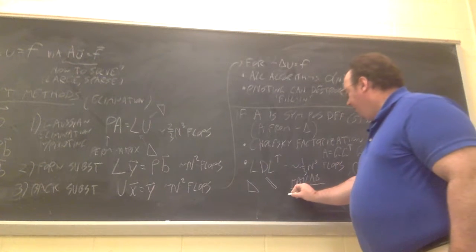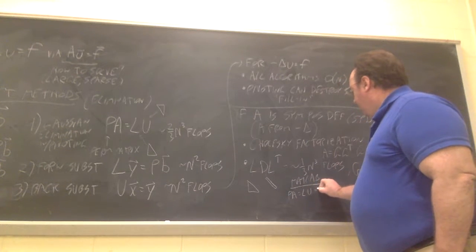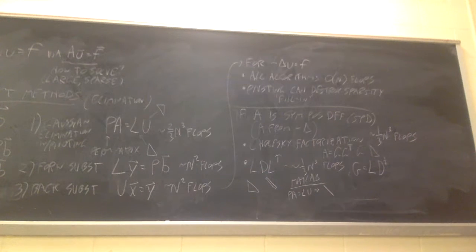In MATLAB, if you're doing Gauss elimination, that's the backslash. So using a backslash, like A\F, what you've done on the homework, that performs Gauss elimination with partial pivoting.